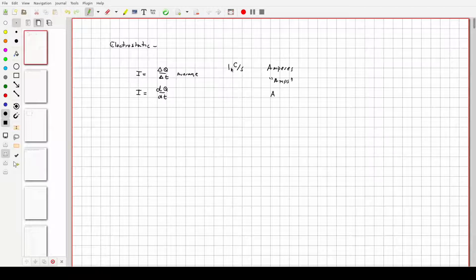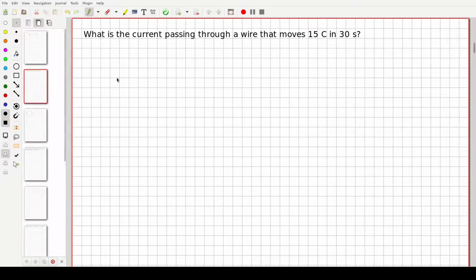Now, let's just do a quick, simple example. In this case, what is the current passing through a wire that moves 15 coulombs in 30 seconds? So, here our charge, which I'm going to use lowercase q just out of habit, is 15 coulombs.